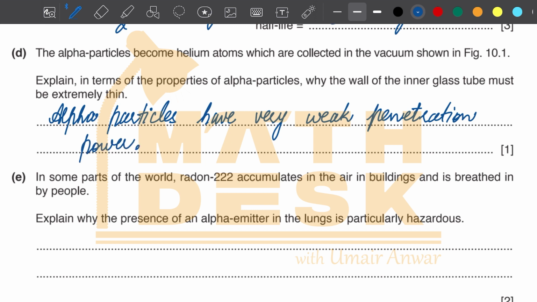In some parts of the world, radon-222 accumulates in the air in buildings and is breathed in by people. Explain why the presence of an alpha emitter in the lungs is particularly hazardous.